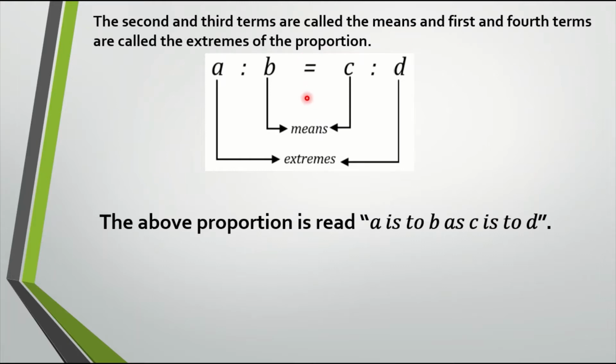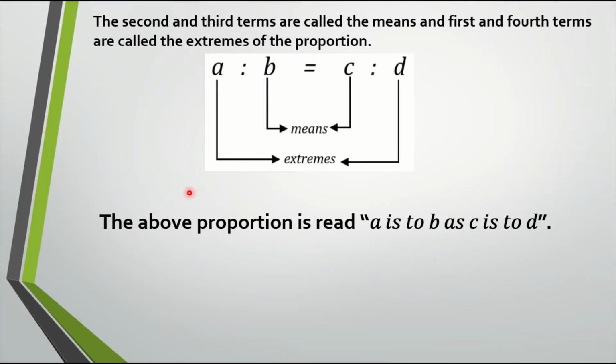So here it goes: A is to B as C is to D. The ones near the equal sign are called the means, and the ones at the ends are the extremes. That is how you use them with this symbol.